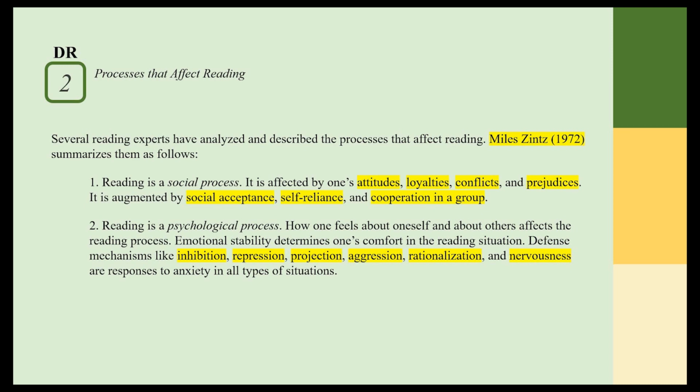Then we can just actually expect that same person to be very much comfortable in reading particular novels that may or actually affect him, her, or them. Ayan. So it's not just a social process, it's also a psychological process.